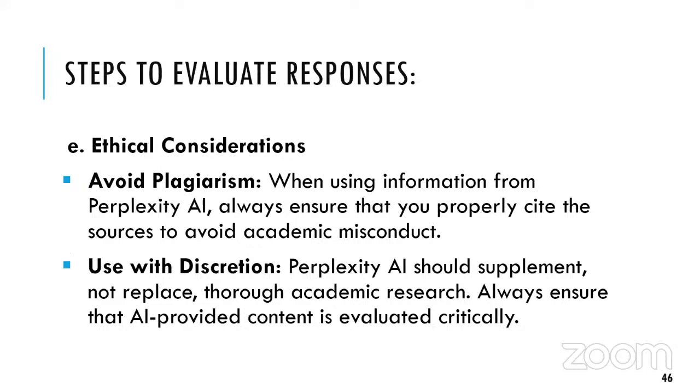Number 5, ethical considerations. Avoid plagiarism. When using information from Perplexity AI, always ensure that you properly cite the sources to avoid academic misconduct. That's why the sources are listed there for you. Use it also with discretion.